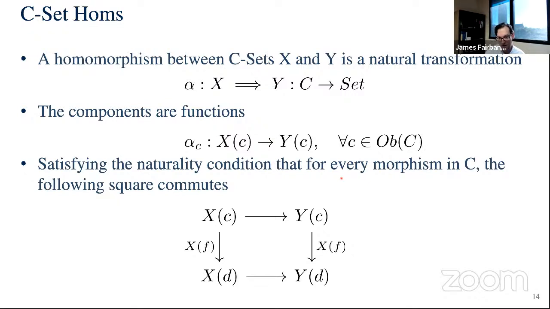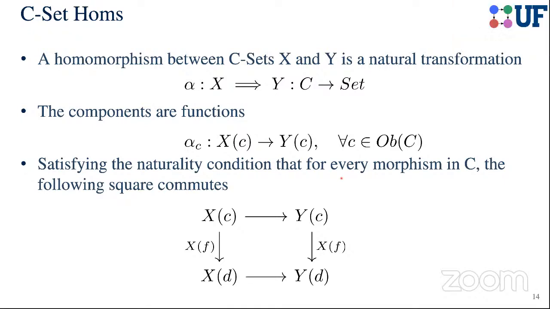The homomorphisms come from natural transformations. So you've got a functor category, so the objects are functors, and then the question is, what are the morphisms? Well, they're going to be the natural transformations between those functors.